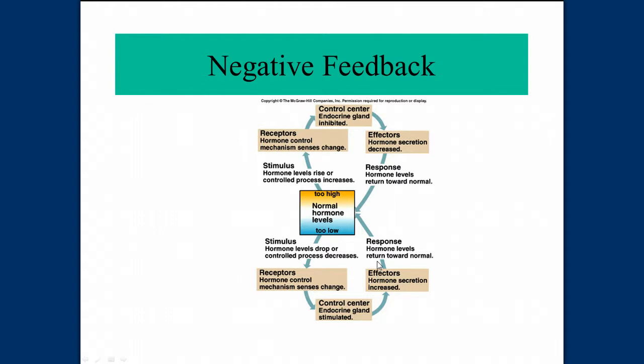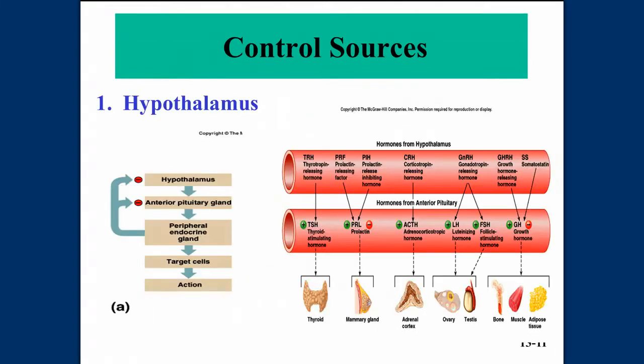The response will return toward normal until the levels are in that normal range, and then you start the process all over again. So negative feedback is a major part of homeostasis.